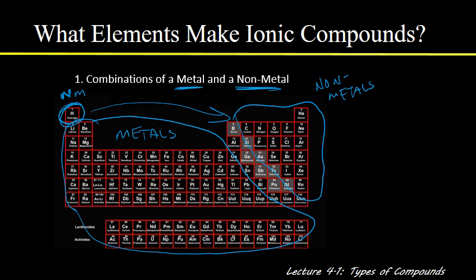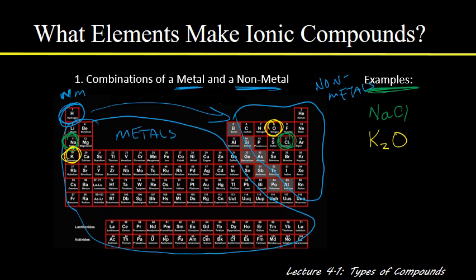So the first type of ionic compound are ones that are formed between metals and nonmetals. So examples of this would be things like a compound between, say, sodium and chlorine that we were talking about before, right? Sodium chloride. Or maybe potassium and oxygen, right? We'll talk about these formulas later, where that 2 comes from.